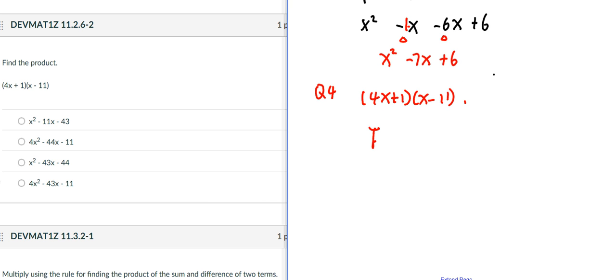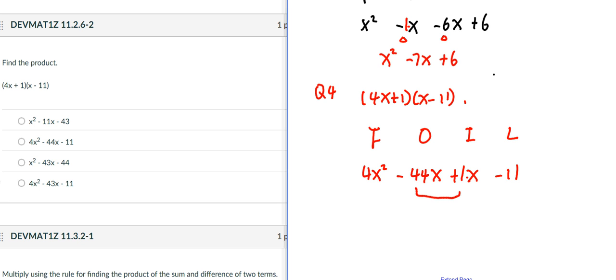So the first product, outer product, inner product, and the last product. 4x times x, 4x squared. Outer, negative 11 times 4x, negative 44x. Inner, 1 times x, that's just x. You may put 1 there, fine with me. Last, negative 11 times 1, that's negative 11.